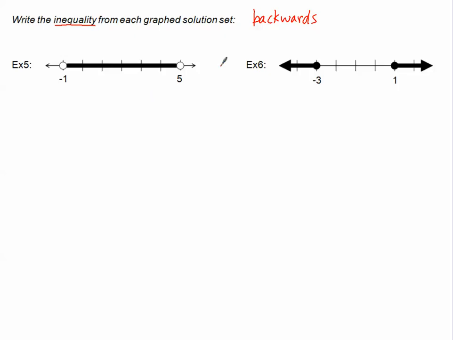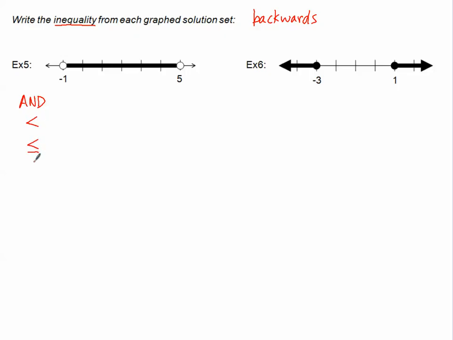Okay, so the first thing I'm noticing is that one of these examples is an AND graph and one of them is an OR graph. And you should be able to identify which one is which. The AND graph right here in example 5 is all of the shaded stuff in between two values. I know that this is my AND graph. And if it's an AND graph, then I know that I'm using a less than symbol or a less than or equal to symbol.